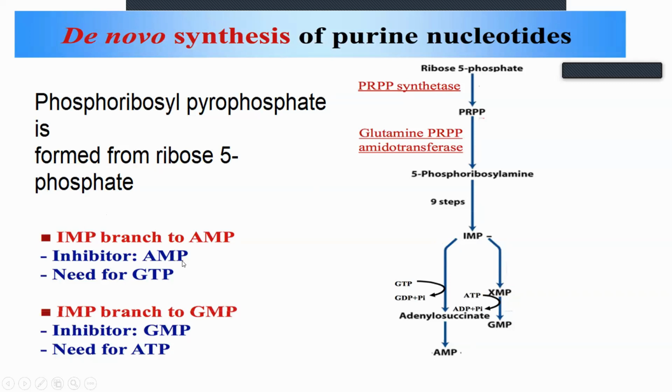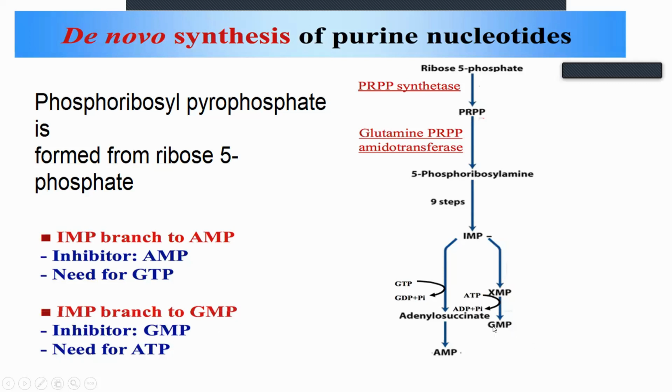So AMP itself is the inhibitor, and we need GTP for this reaction. Guanosine triphosphate is needed. So IMP to AMP: AMP is the inhibitor and the need is for GTP.